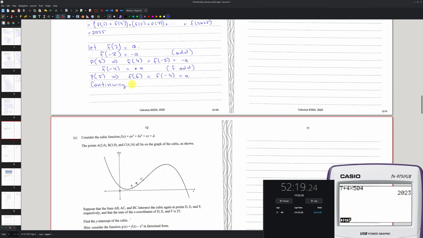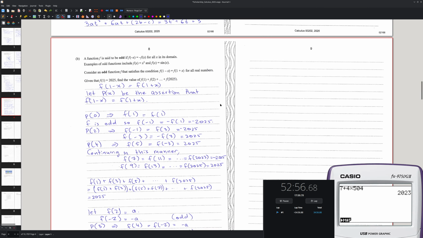So we will just say continuing in this way, f of 8, f of 10, etc. alternate between a and negative a, since 2024 is a multiple of 4. f of 2024 equals f of 4 equals minus a.